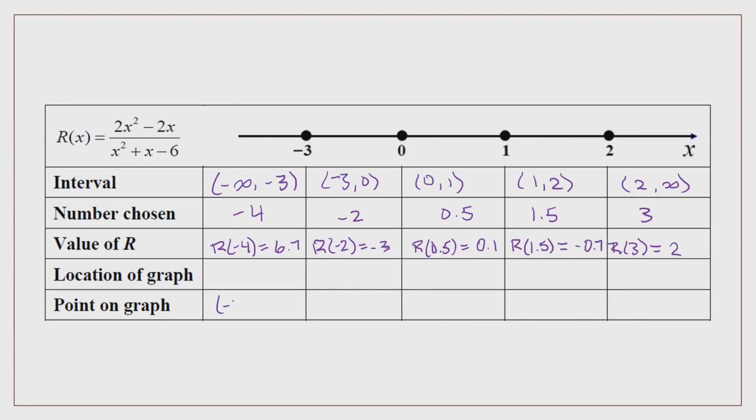So we'll have our points wherever our y is positive. That point will lie above the x-axis. Wherever our y is negative, that point will lie below the x-axis.